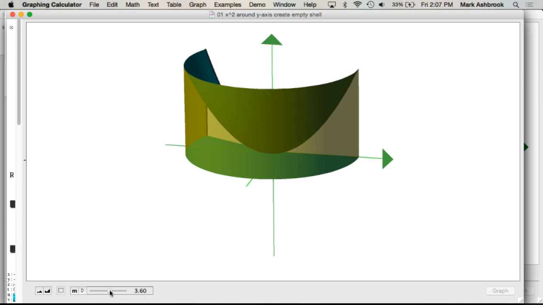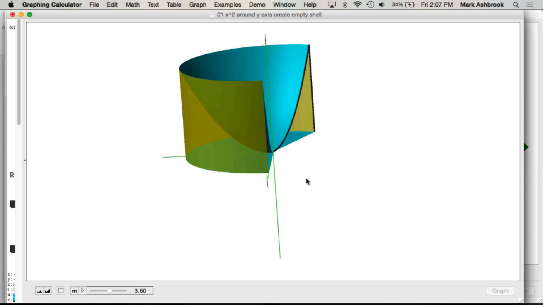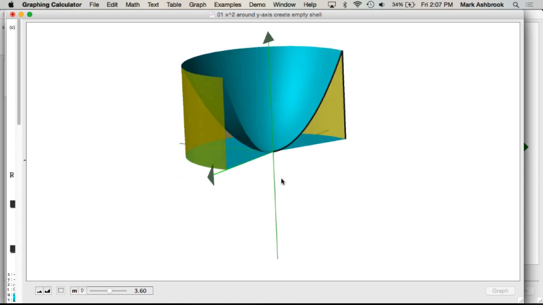Below, right? The empty shell is the part that's below. As we rotate that around, our empty shell is this here. It's going to go all the way around the y-axis, and we're going to get this shell, and now we want to fill it.